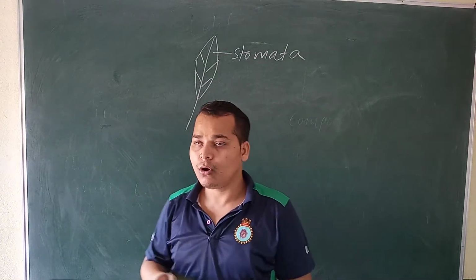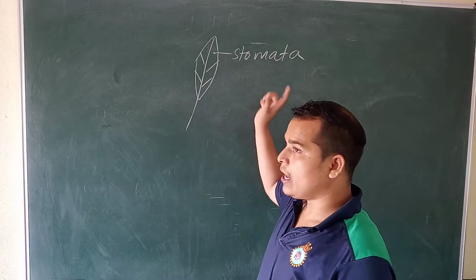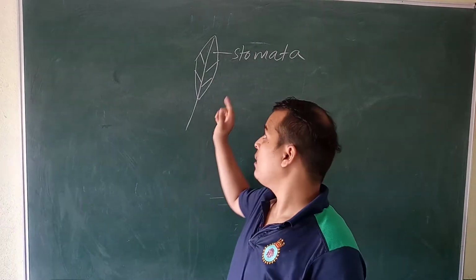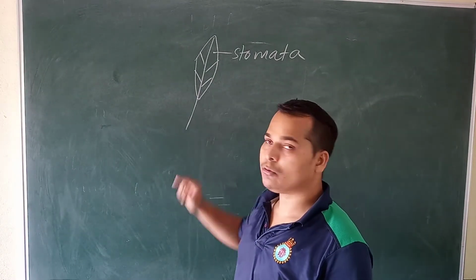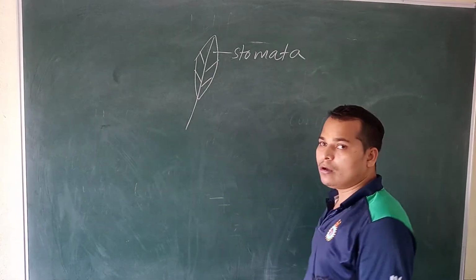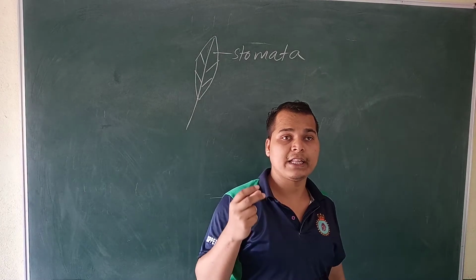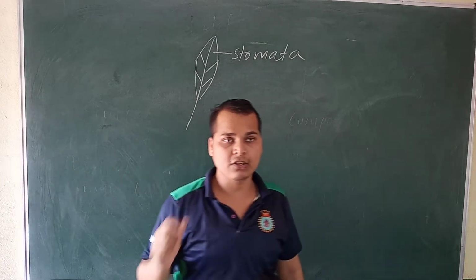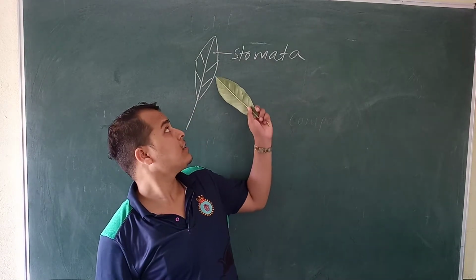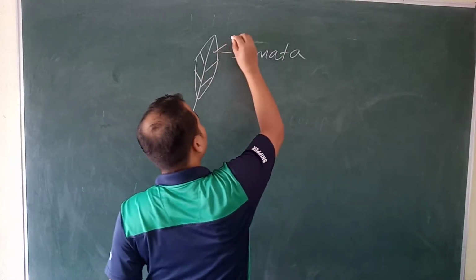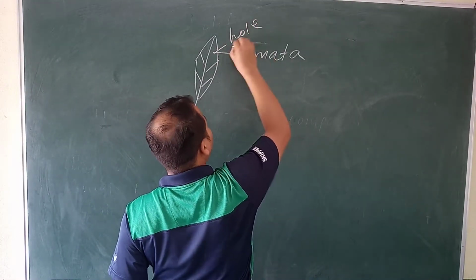So the stomata help in opening and closing of the leaves, and through the stomata leaves can take in oxygen and other things. Yes or no? So this is about the small opening, the hole. This hole is called a stomata.